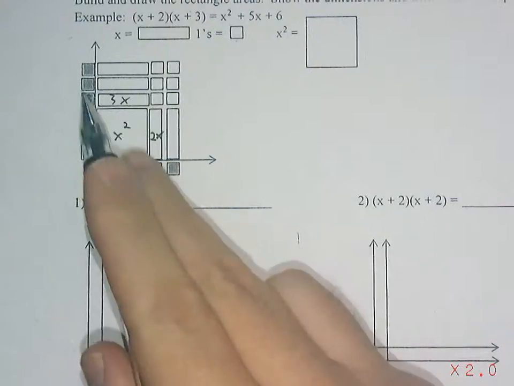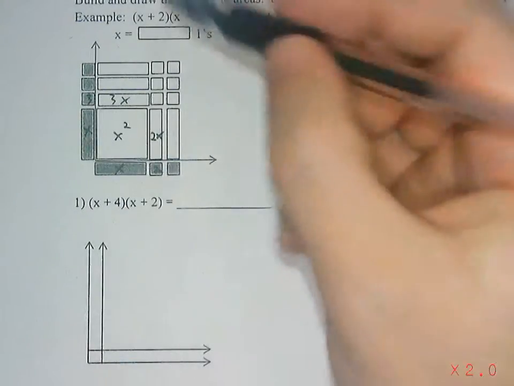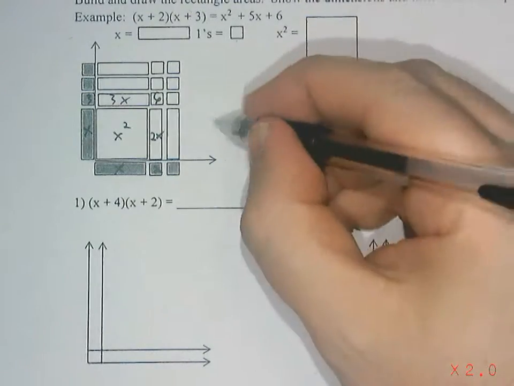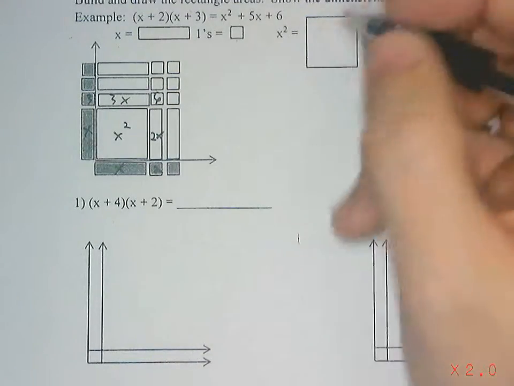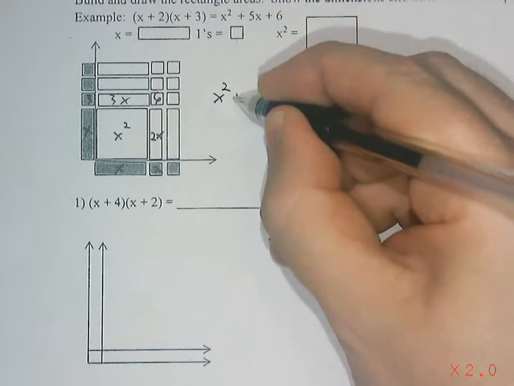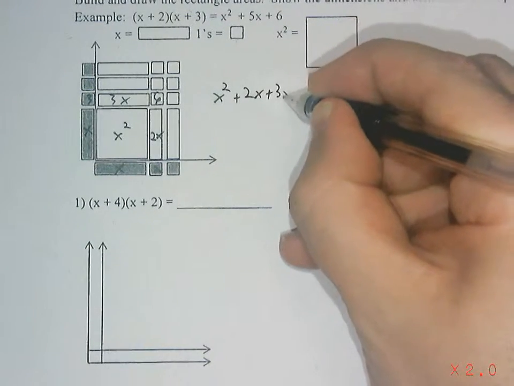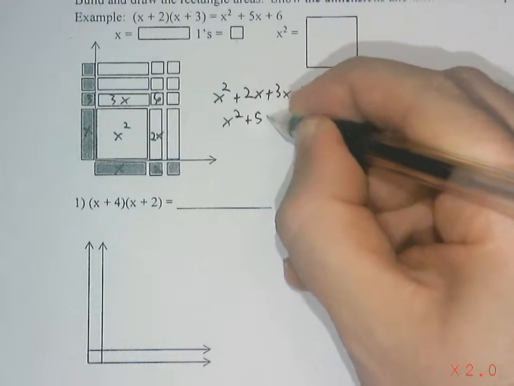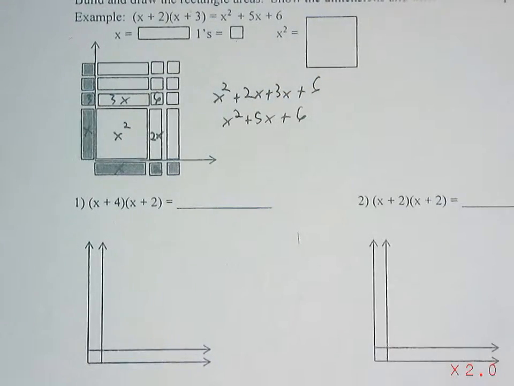And then 3 times 2 is 6. So when we combine all those, they're all positive, so they're all adding. It would just be x squared plus 2x plus 3x plus 6. Combine those, x squared plus 5x plus 6. Okay?